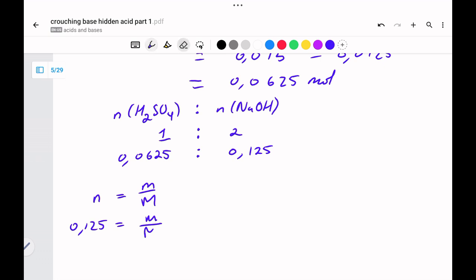Let's actually calculate the molar mass. Over here, the molar mass of NaOH is 23 for the sodium, and 16 for the oxygen, and 1 for the hydrogen. So what does that give us? 17 plus 23, so that's 40 grams per mole.